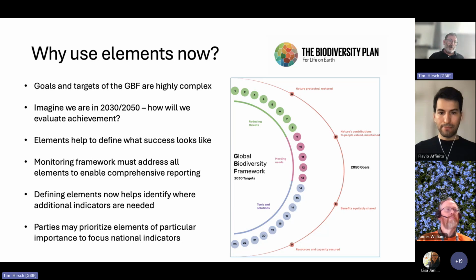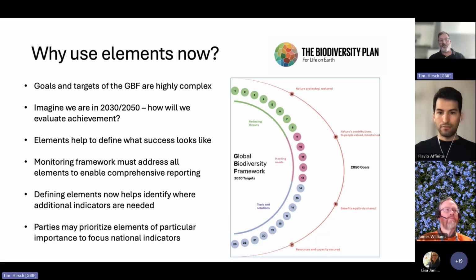And in order to do that, as we saw from the Aichi examples, identifying and agreeing on these elements at an early stage will help us to define, in the end, what success looks like in the case of the goals and targets.